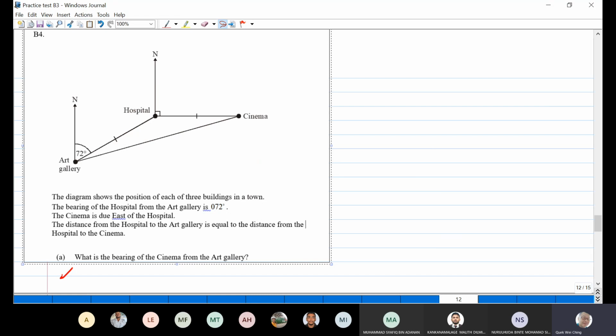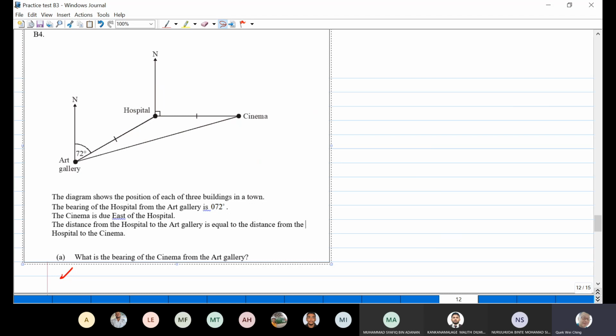Just concentrate on solving the triangle. This diagram shows you the position of three buildings. One of them is an art gallery and a hospital.